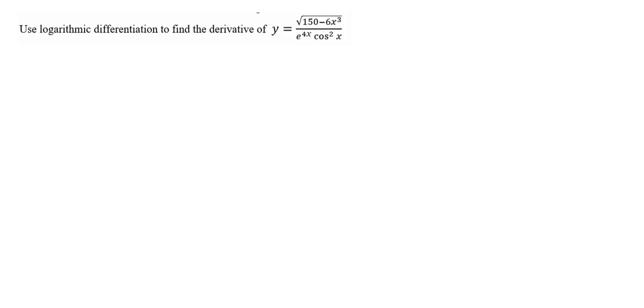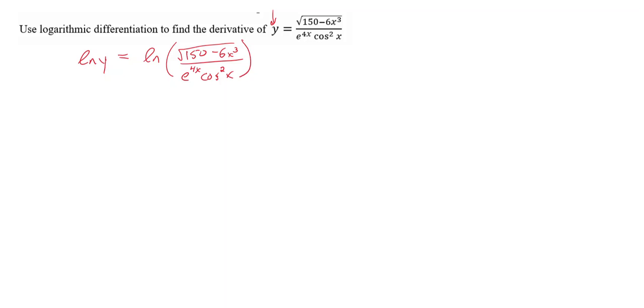So I've got the natural log of y, just taking the natural log of this side, is equal to the natural log of the entire other side: square root of 150 minus 6x cubed over e to the power of 4x times cos squared x.